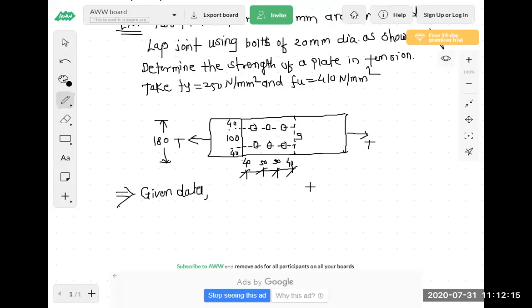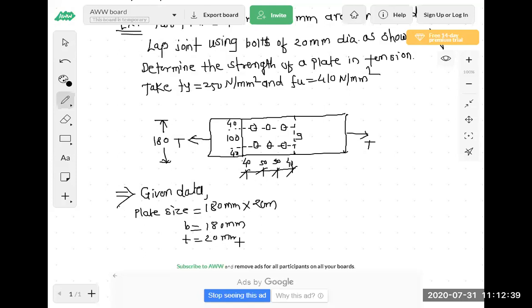Okay. Now, what is the given data? The plate size they have given is 180 mm by 20 mm. It means they have given width B is equal to 180 mm and T is equal to 20 mm.